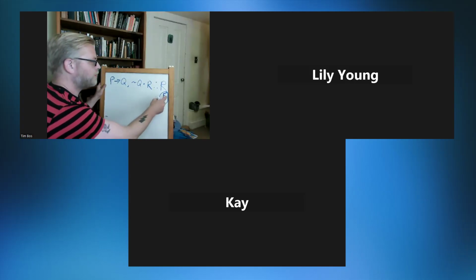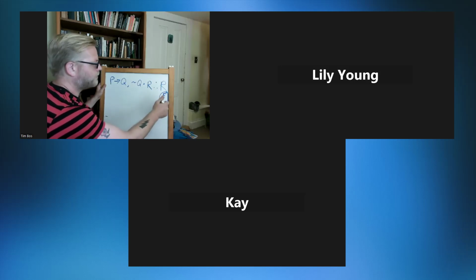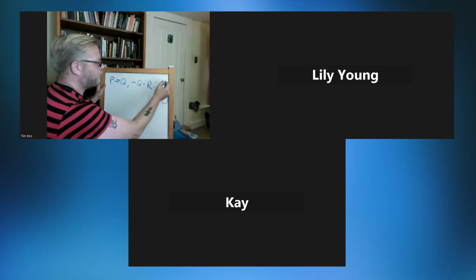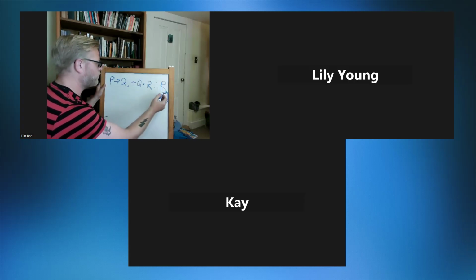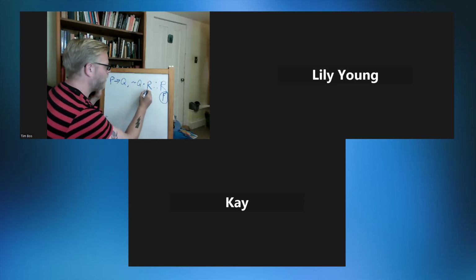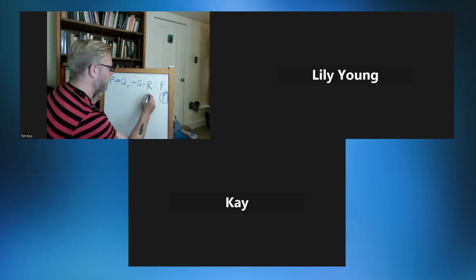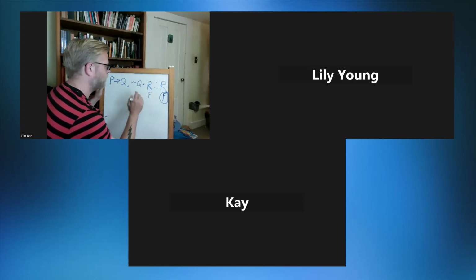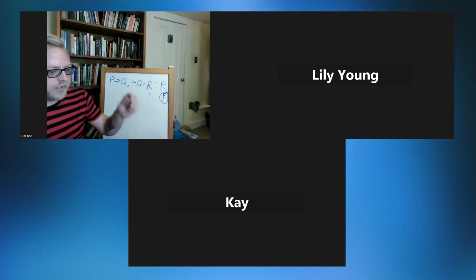As soon as you've determined any of the truth values of any of the variables in the conclusion, you transfer them out over here. So we have one R. We know we're in the world where R is false. So we have to make R false, like that.